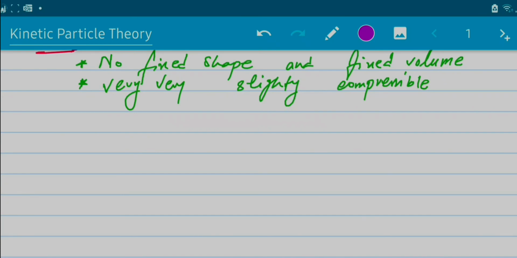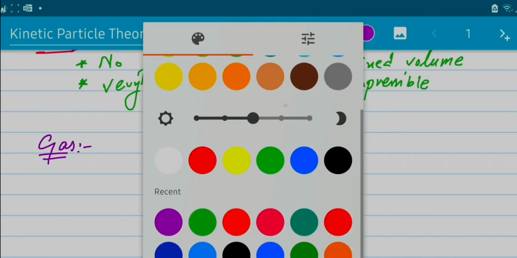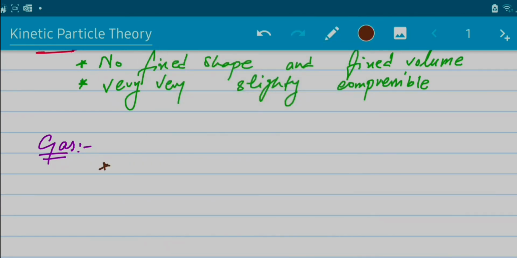Moving on, the third state of matter is a gas, and gas particles have certain properties too. They are usually far apart, and there are certain reasons for that.